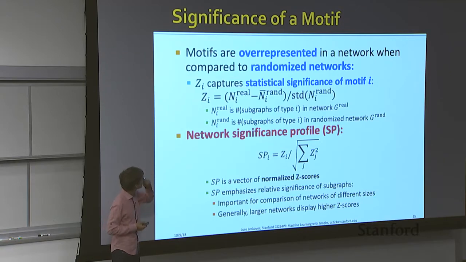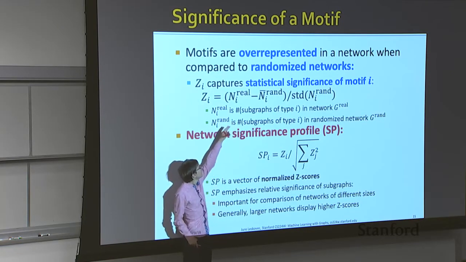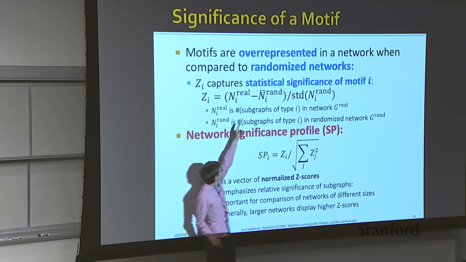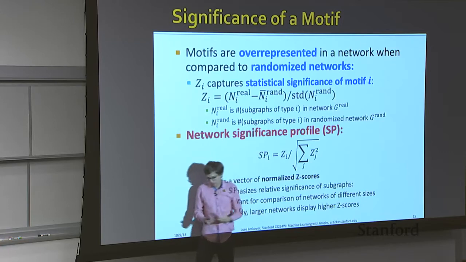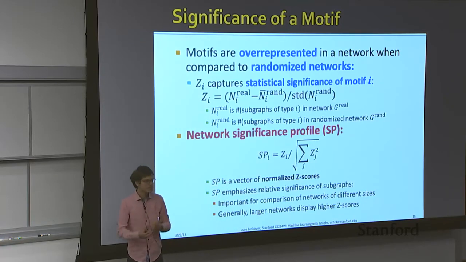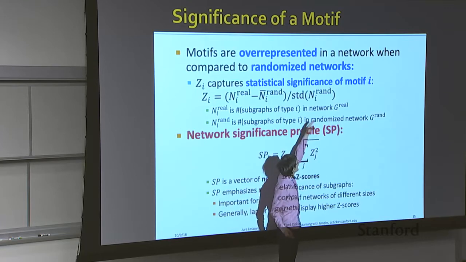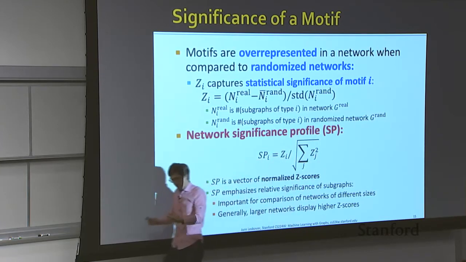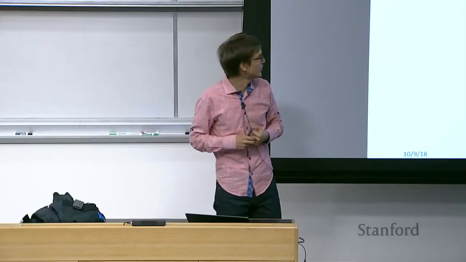The way you compute it is you say the z-score of motif i is the number of times motif i appears in a real network, minus the average number of times this motif i appears in a randomized version of that same network, divided by the standard deviation of the number of motif instances across this ensemble of random networks. Okay?